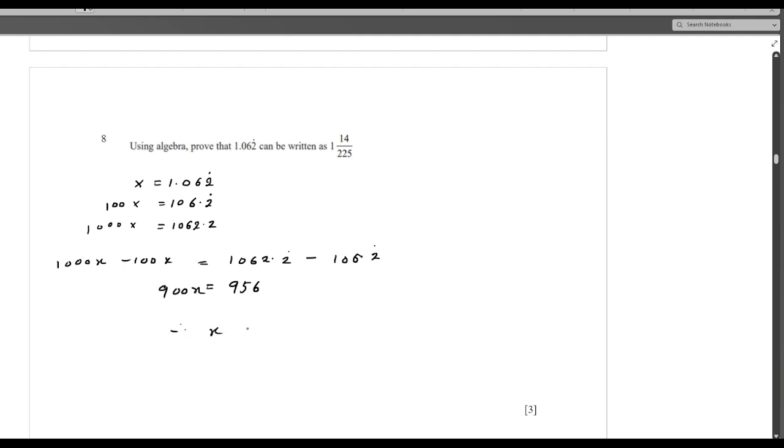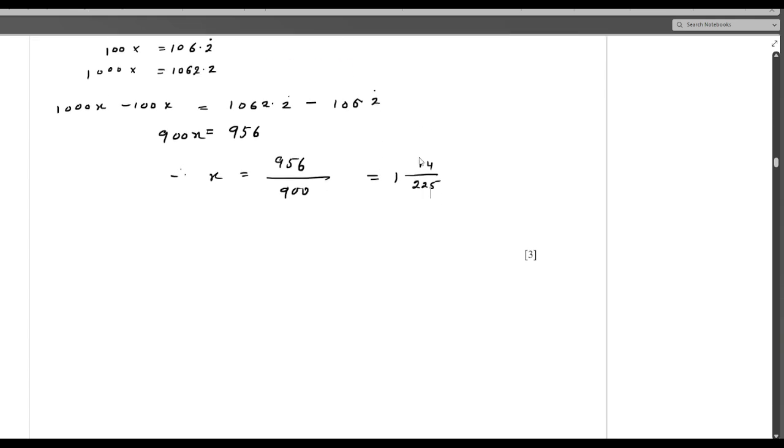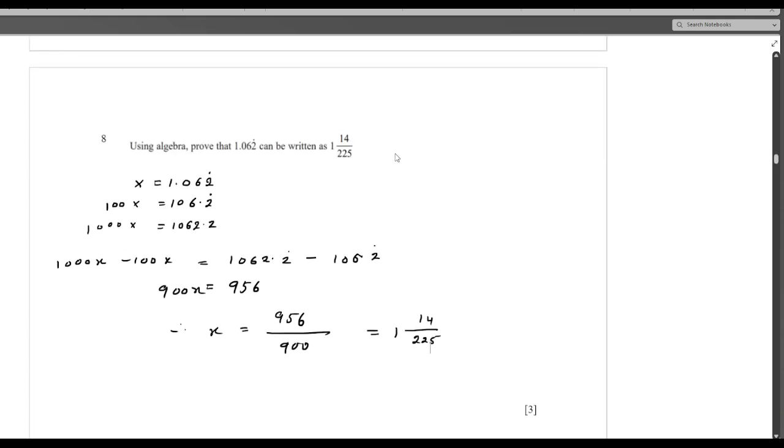Therefore x is 956 divided by 900. When we simplify 956 divided by 900, it is 239 divided by 225. If you do not get this result, then you have to check what mistake you have made, because for problems like this where the answer is given, you have to understand how to arrive at it.